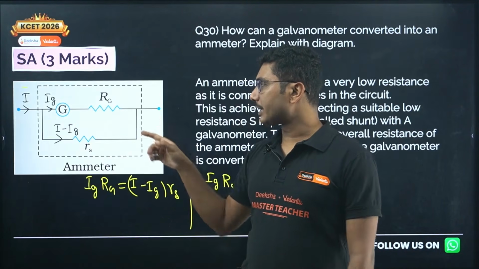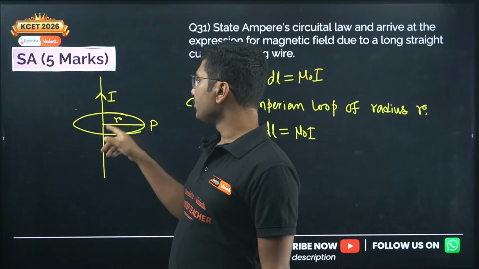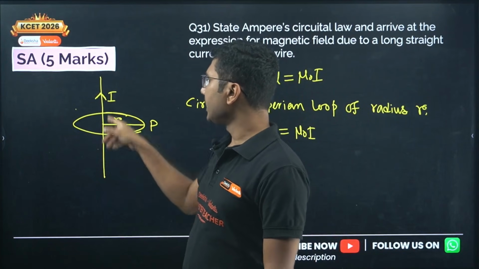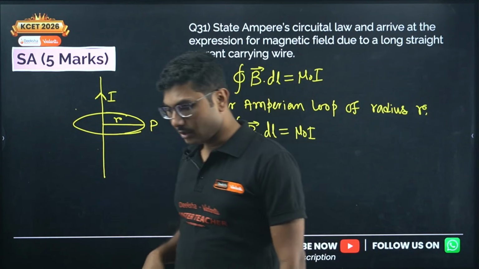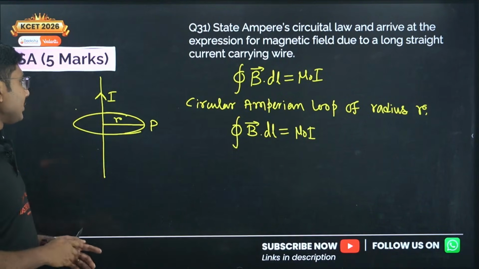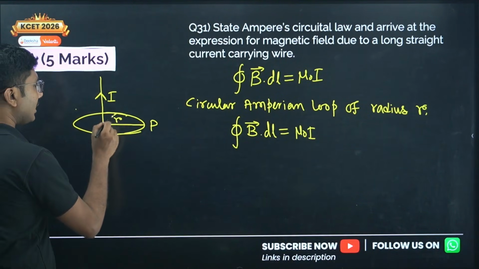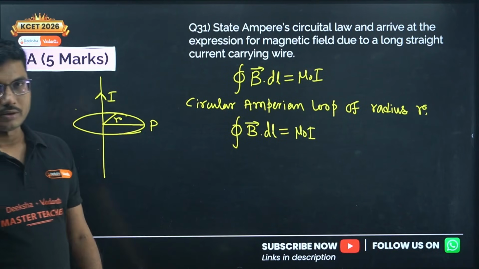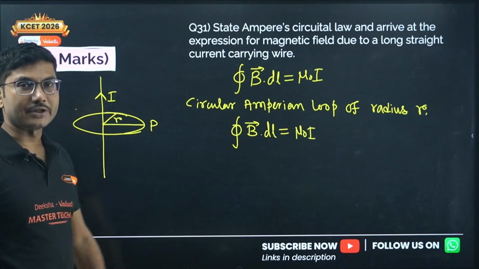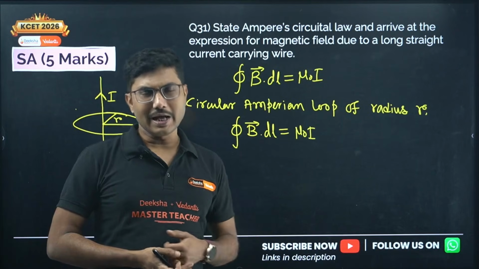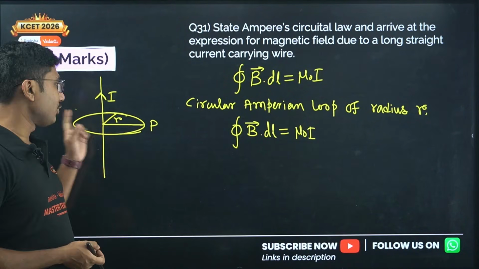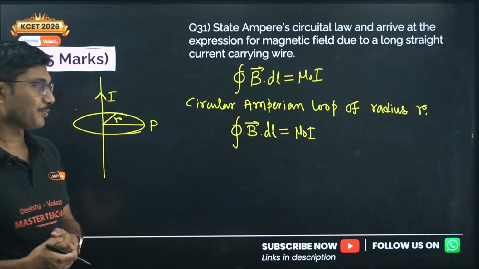Any point on this circle is at the same distance from this side, that side, and all sides. All points on this circle will be at equal distance from this wire. That means it has circular symmetry. So if there is circular symmetry, the magnetic field has to be constant along the curved line.